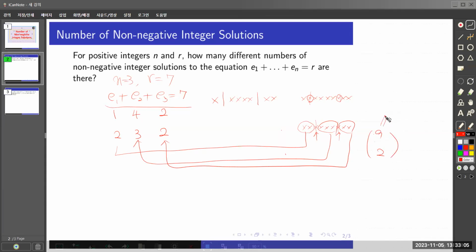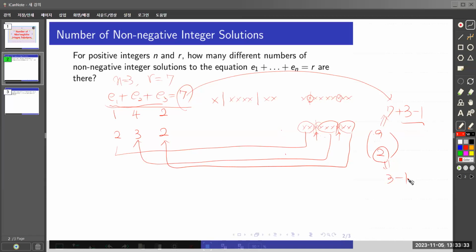But where does this 9 come from? It is 7 plus 2 bars. We have 3 distinct boxes, and then you subtract 1, so we have 2 bars. So these are 2 bars for 3 distinct boxes.